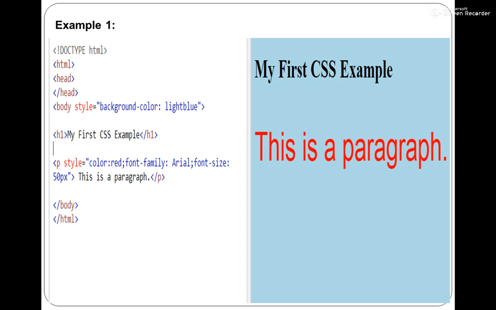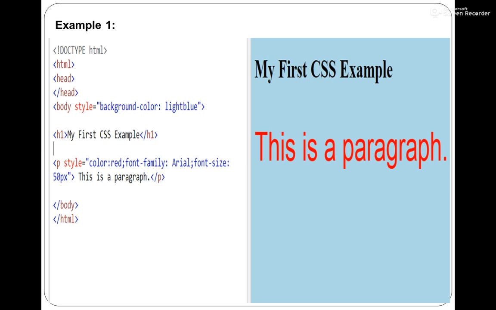Now this is again an example, so we will see what exactly is given. Here you can see there is no style tag used in the head tag. So come to the body part. From the body you can see that body is using a style attribute.